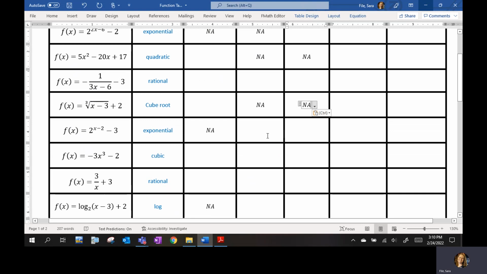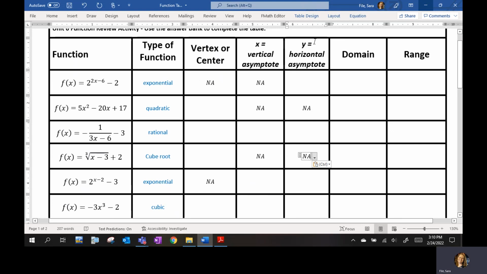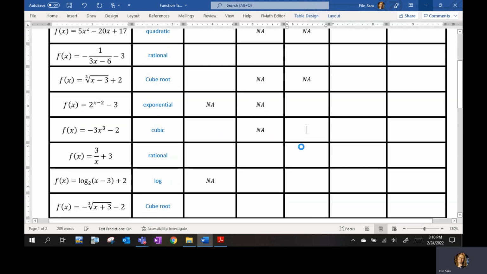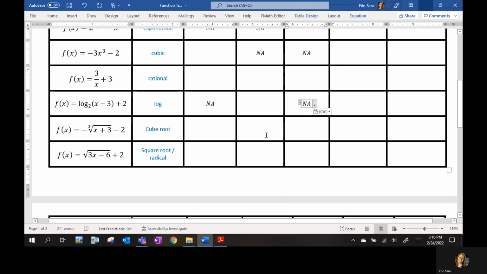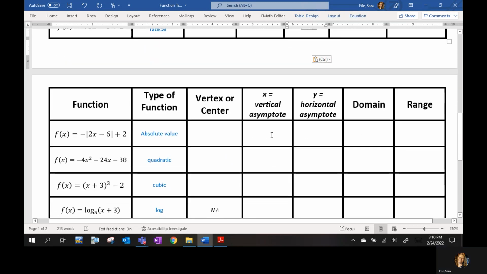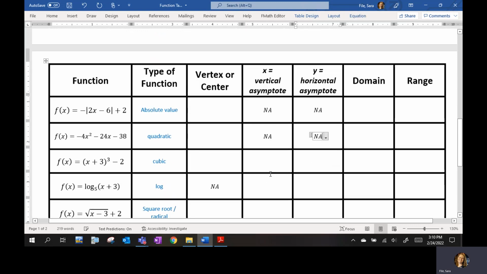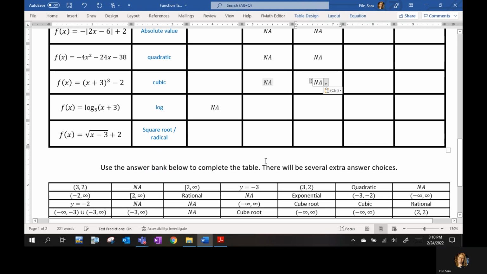Exponential will only have the horizontal, which is this column, so this one's not applicable. Cubic has neither. Rational has both. Log only has vertical. Cube none. Square root has none. Absolute value none. Quadratic none. Cubic none. And square root radical none. And again, the log only has the vertical.